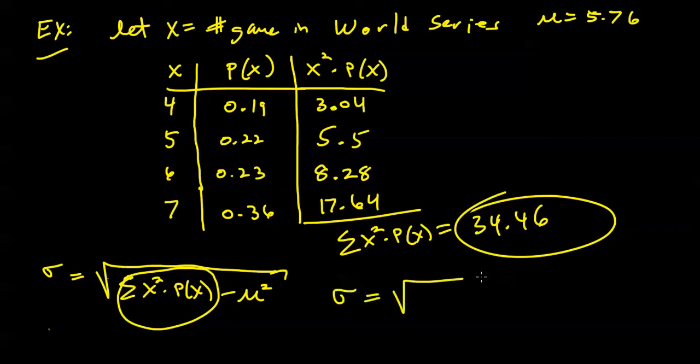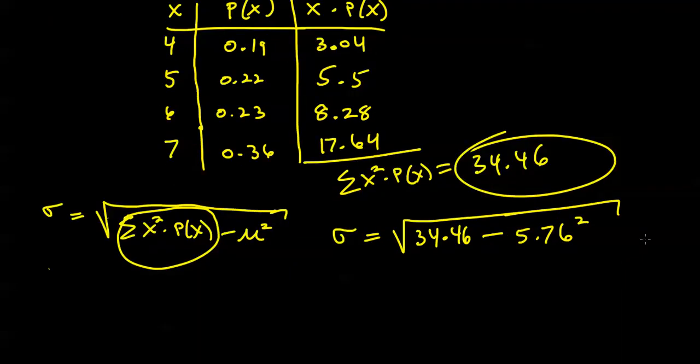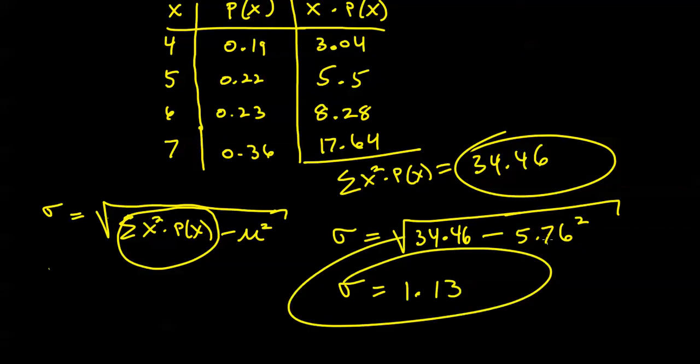So this value gets substituted right here in my standard deviation formula. Standard deviation then is 34.46 minus the previously computed mean, 5.76, squared. Don't forget to square it. Easy step to forget. So if I punch this out, 34.46 minus 5.76 squared equals, and I have to take the square root of all that, I get finally a standard deviation of 1.13.